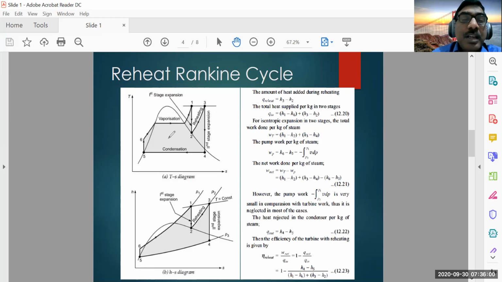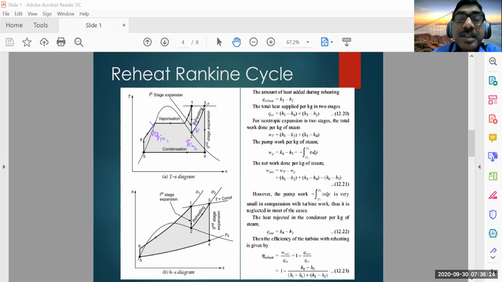So here the heat is also getting added. Two times the heat is getting added, Q in 1 and Q in 2. So here see the amount of heat added during the reheating.